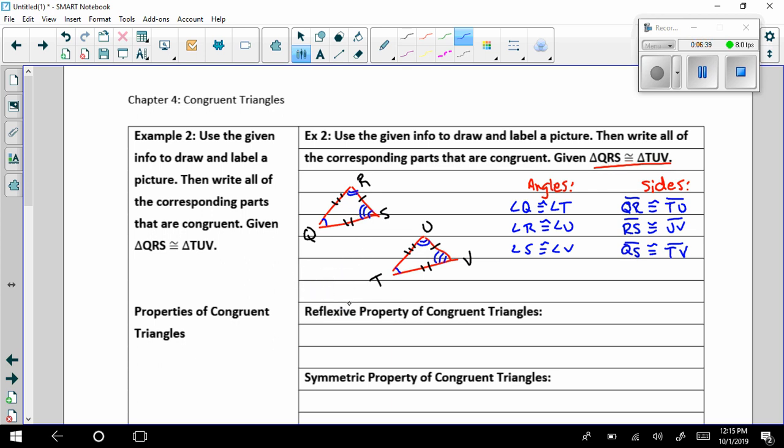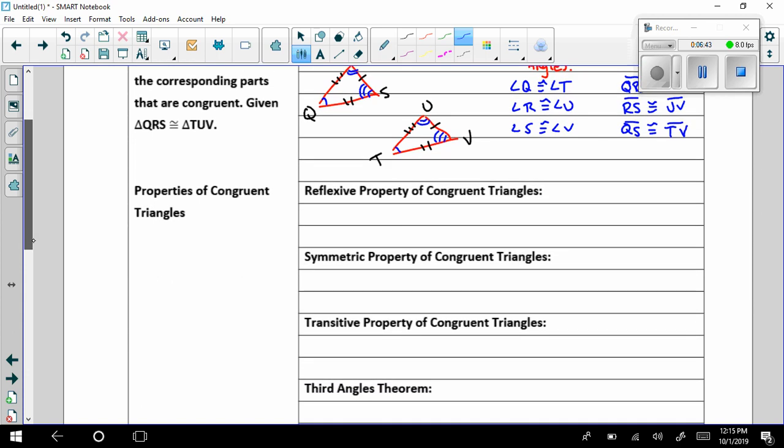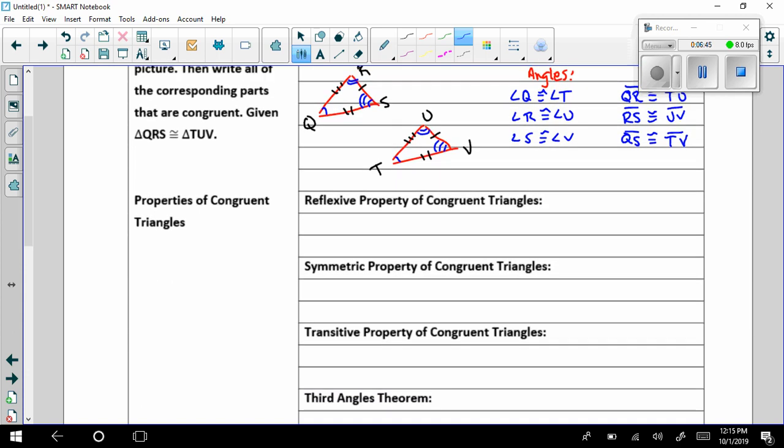Okay, so a couple properties that we go through that help us with these. So properties of congruent triangles. No new words here. We have our reflexive, symmetric, transitive. And this just helps us set up the problems. Okay, so triangle ABC is congruent to triangle ABC.